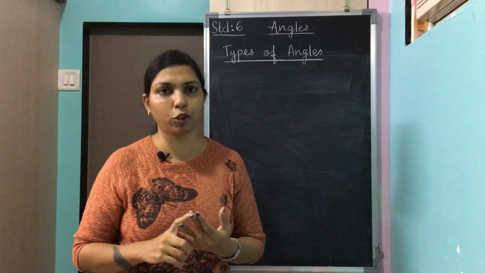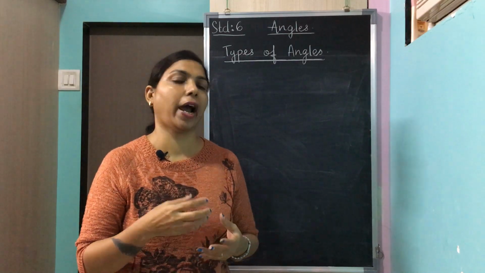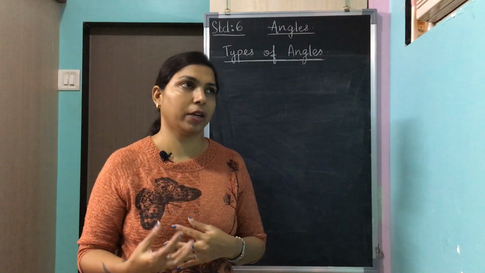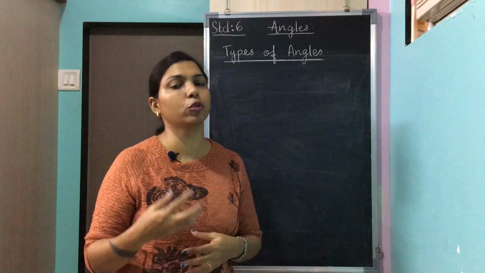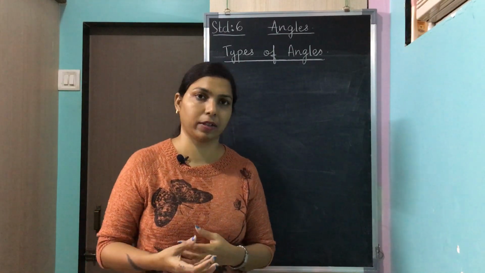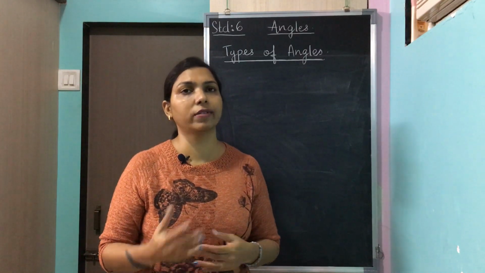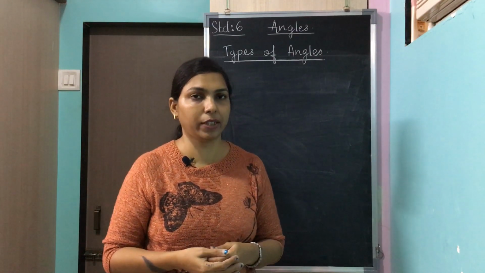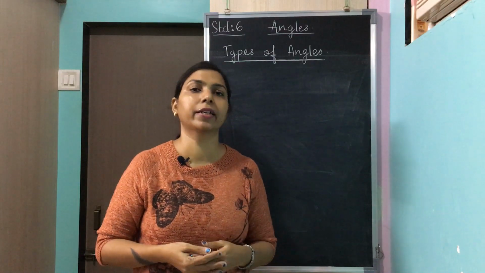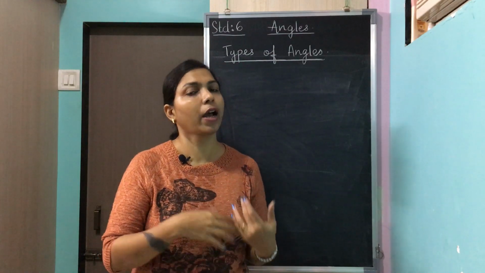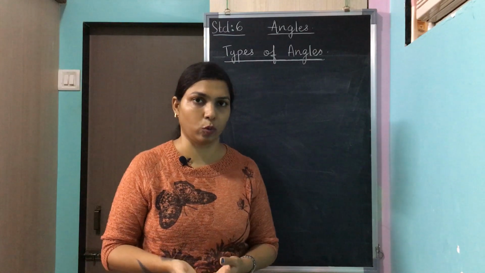You have practice set 2 wherein you have to do matching, and based on the degrees of the measurement given, you have to recognize the type of the angle. So I request you to complete practice set 2, and towards the end of the chapter I will send you the complete notes for this particular chapter, but till that time you practice whatever you have learnt and try and complete practice set 2.